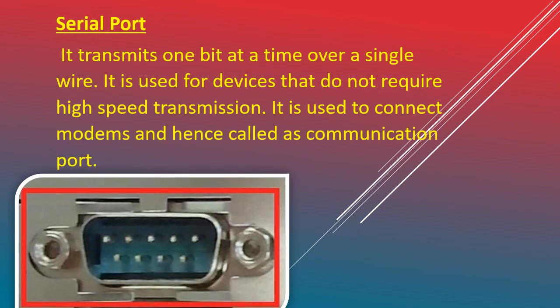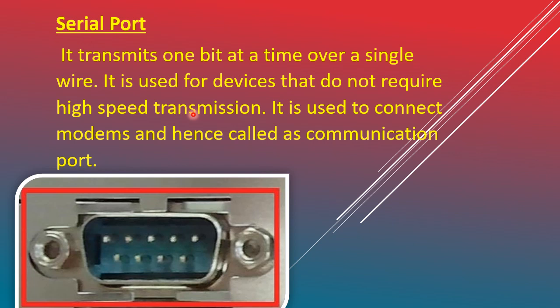First we will be learning about the serial port. You can see the picture of the serial port here. It transmits one bit of data at a time over a single wire. It is used for devices that do not require high-speed transmission.